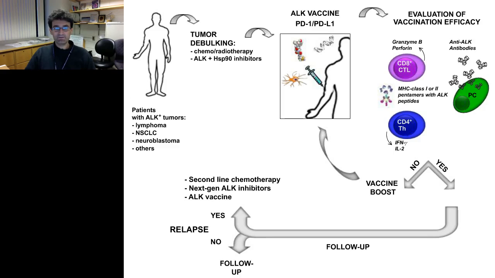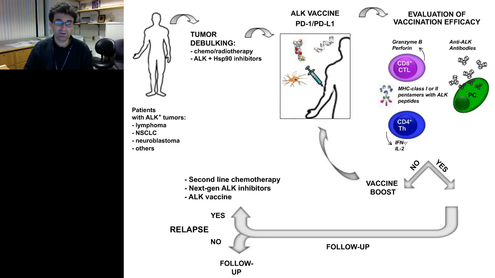There will be a first phase of debulking of the tumor by chemotherapy or ALK inhibitor plus another type of inhibitor. And in the window of response, we can now treat the patient with an ALK vaccine, maybe with a combination of immunotherapy, check the efficiency of the response in terms of CD8, CD4, and eventually antibody response, even if these are dispensable, as we showed before, and then eventually boost the patient again if the vaccination was not efficient, or follow up.